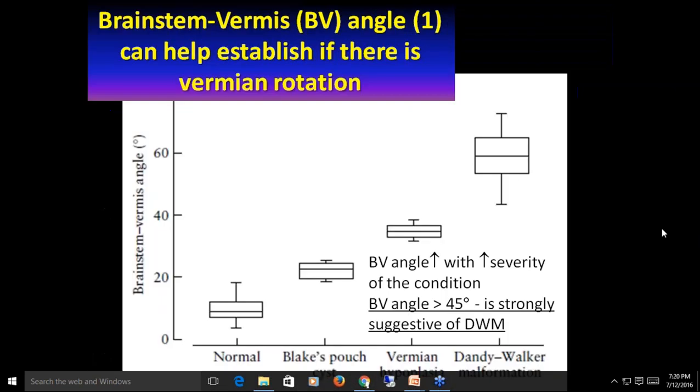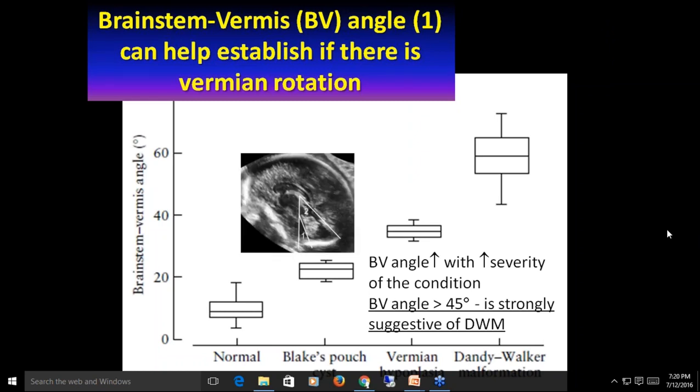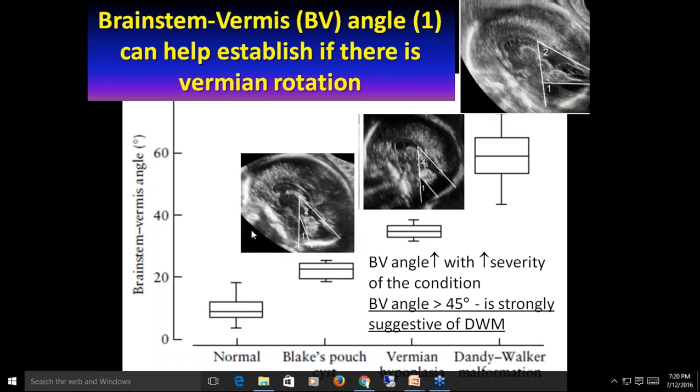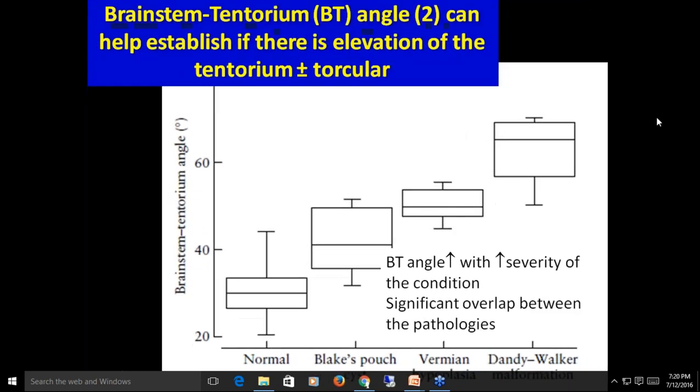So let's look at this in a different way. The brainstem vermis angle can help establish if there is Vermian rotation. BV angle increases with the increasing severity of the condition. The BV angle greater than 45 is strongly suggestive of Dandy-Walker malformation. And this is an example of Dandy-Walker malformation.